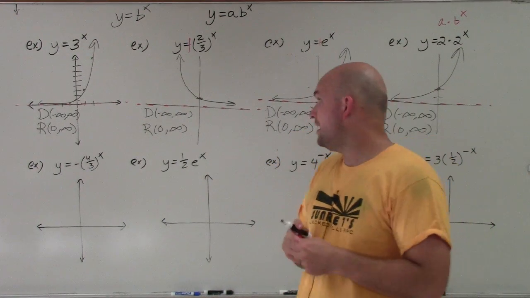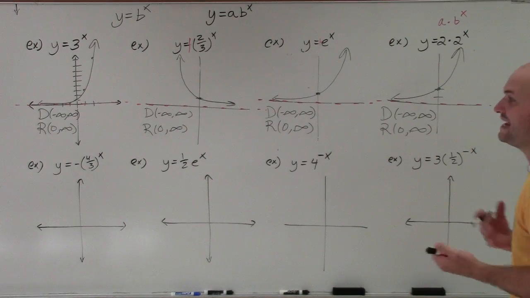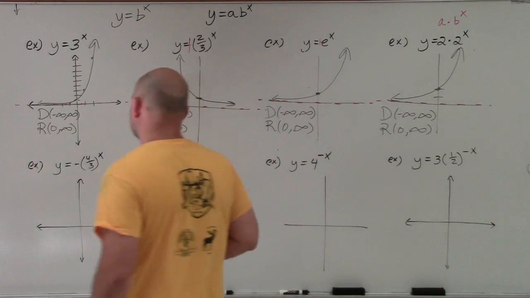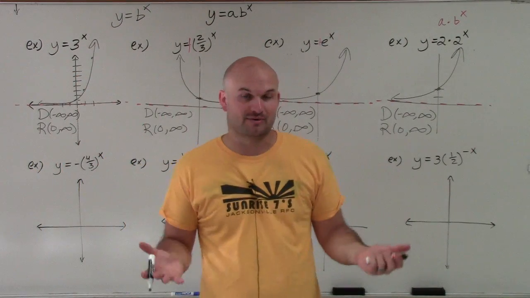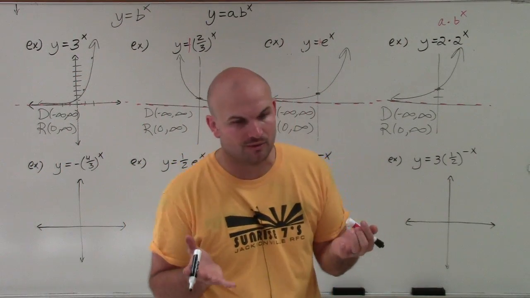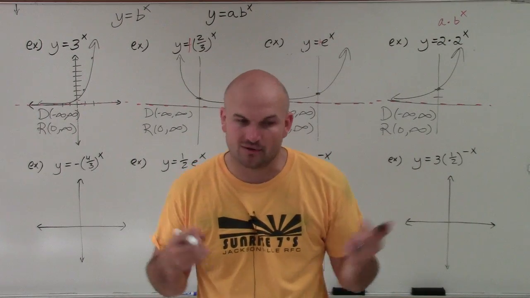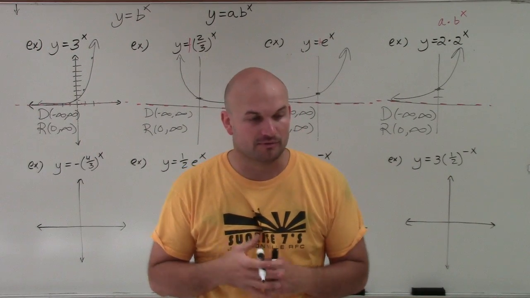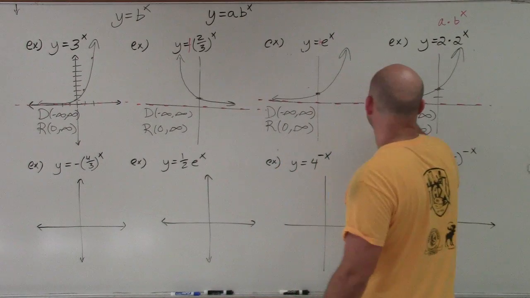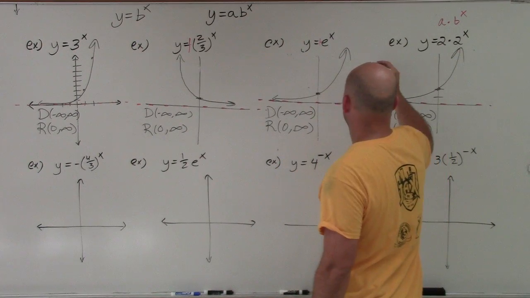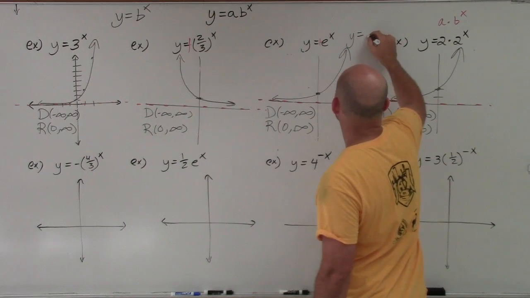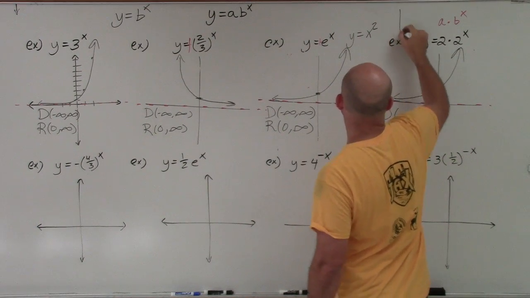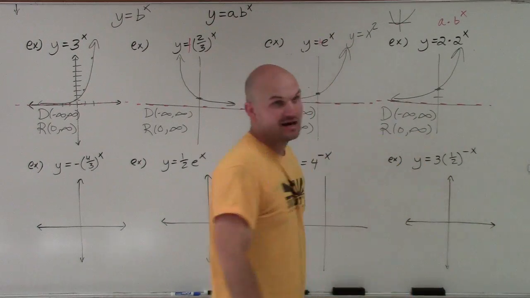Okay? All right, so now let's get into a negative here. The main important thing I like to remind students is there are 2 different types of transformations that we have. When you deal with quadratics, you have y equals x squared, the U-shaped graph, right?